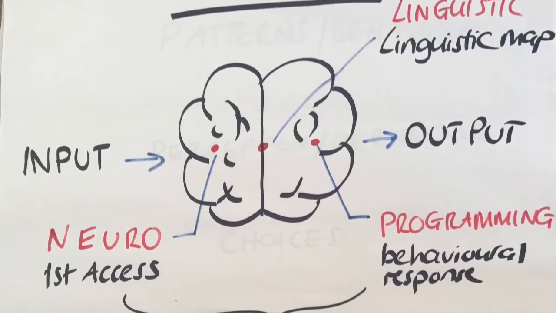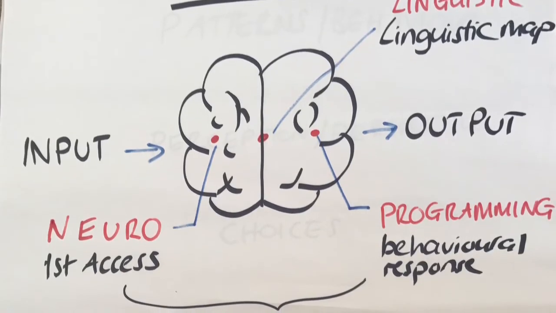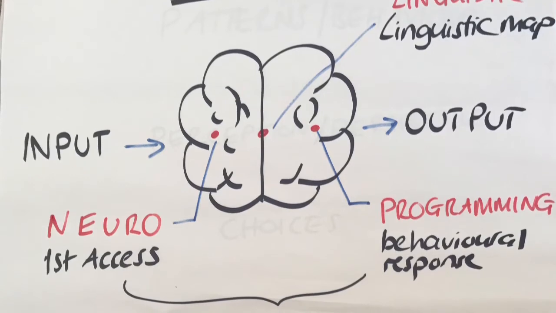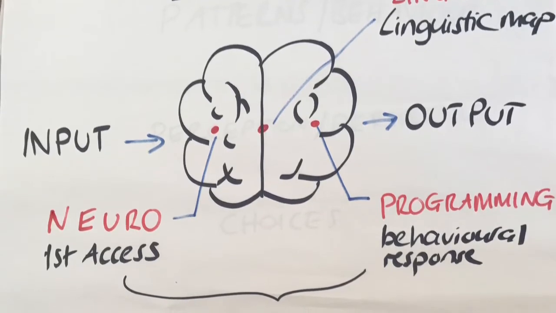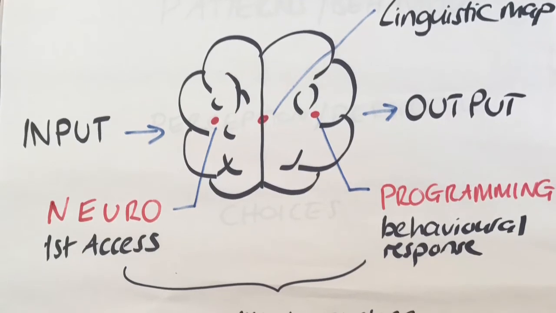Okay, so back to this image of the brain and working it out. So we had this input that goes in, and we have this unique filtering based on our experiences.